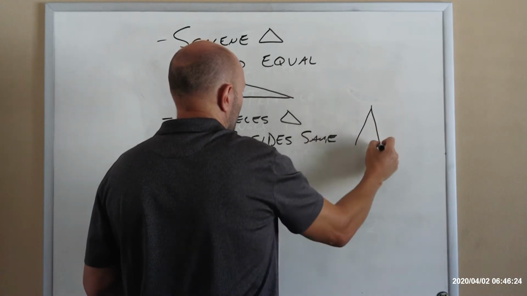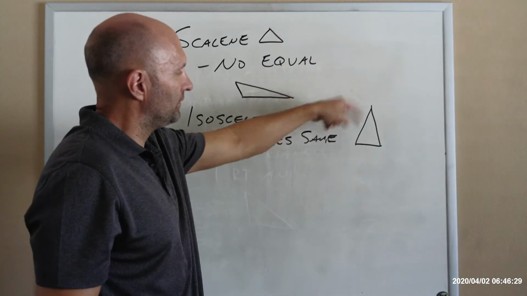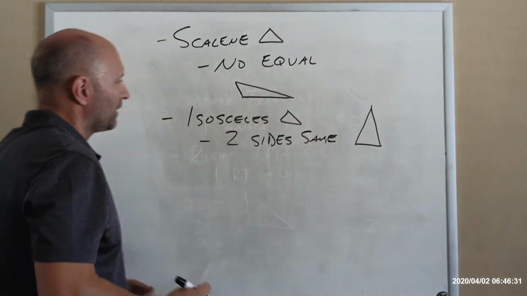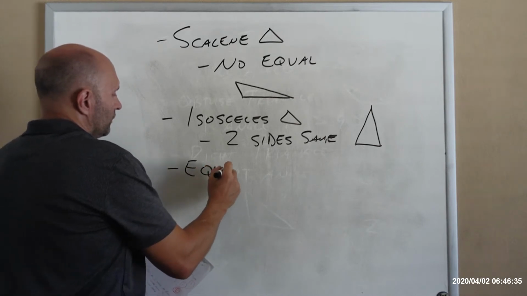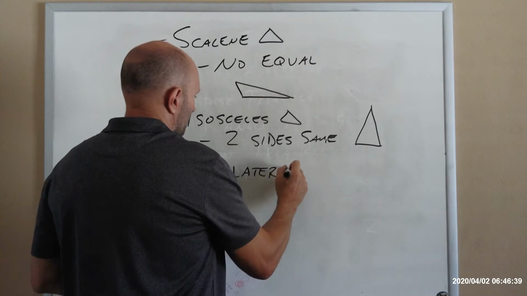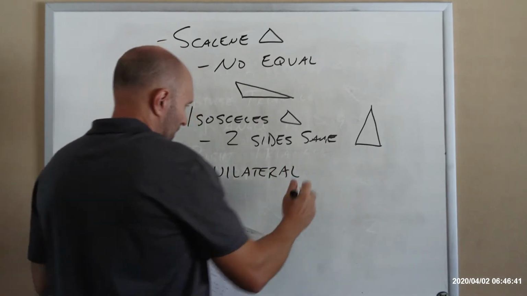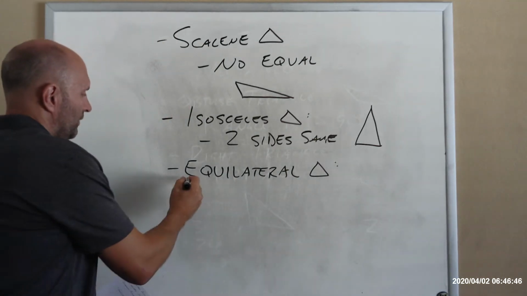So I might have something that looks like a dunce cap or something like that. The two vertical pieces are the same length, the bottom side is different. And lastly, what's called an equilateral triangle. As the name implies, we have what?